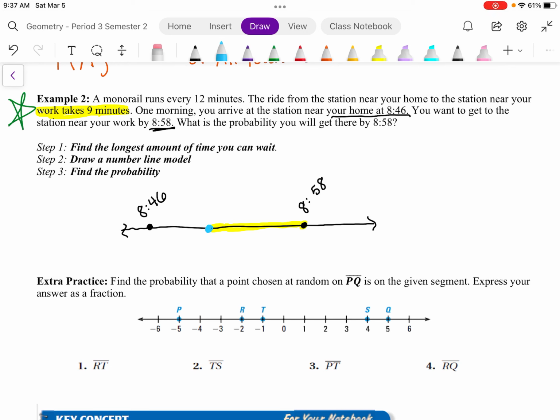So 9 minutes before 8:58 is going to be 8:49. And that's 9 minutes before. So this length here we know is 9 minutes. So that's the latest amount of time that we can wait. If we're not gone by 8:49, we're not going to get there at the time we want. And we drew our number line model. So now we're going to find the probability that we get to work on time.